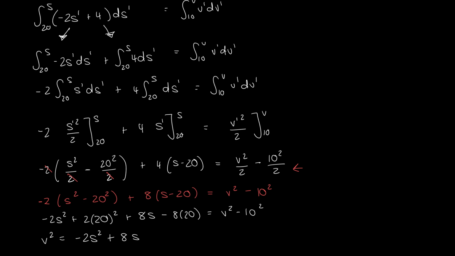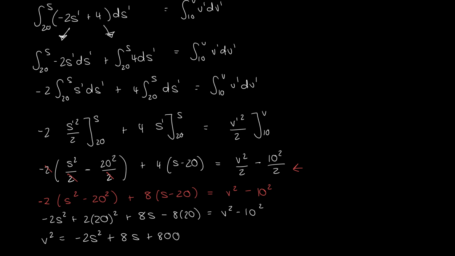8s. Then we're going to have 20 times 20 gives me 400. And then 400 times by 2 gives me 800. Don't know why that took me so long.